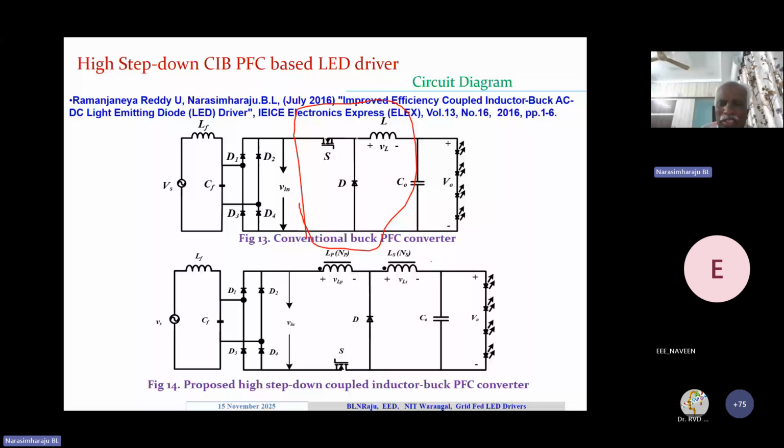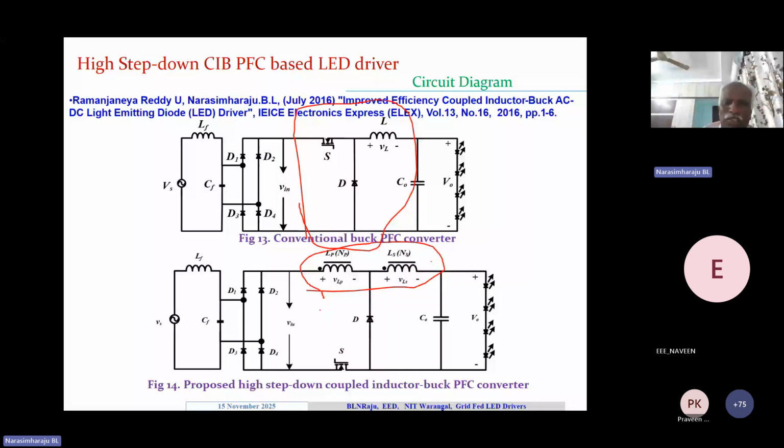The only thing you can notice is a simple coupled inductor concept: two coupled coils configured with the same buck converter structure.